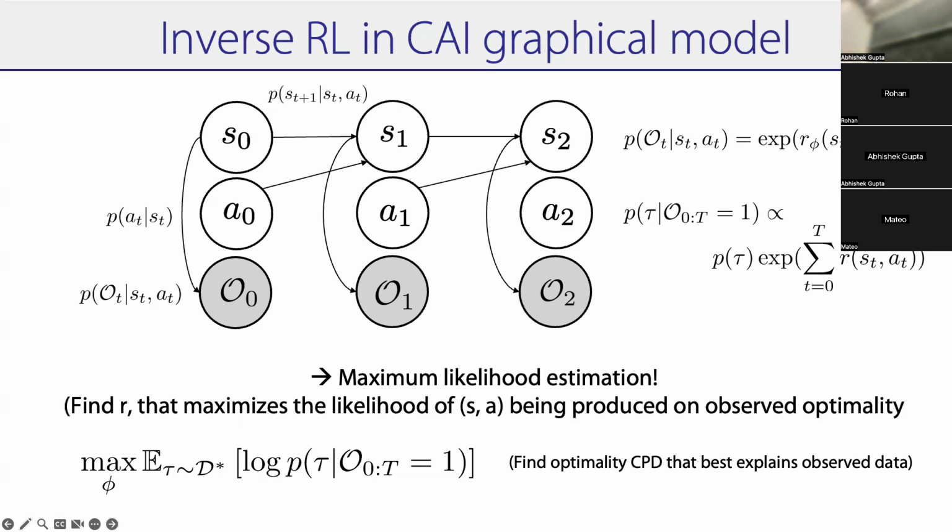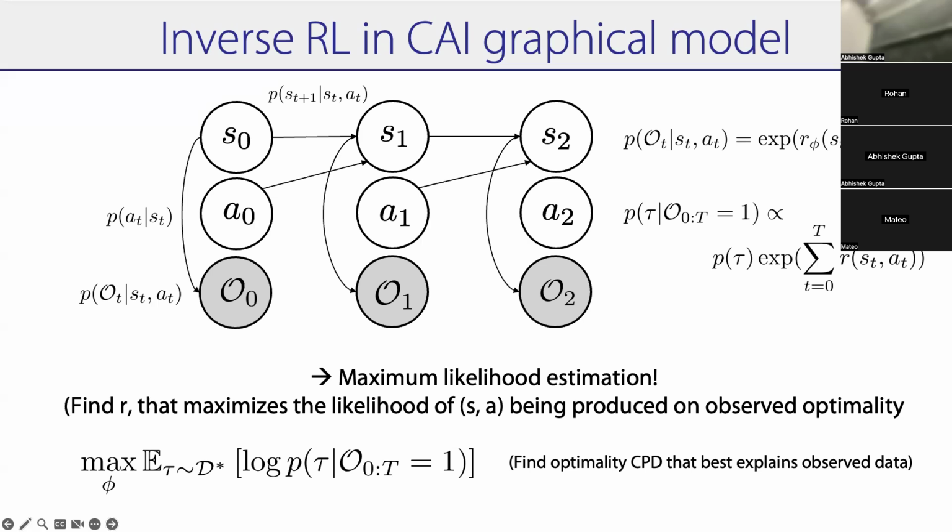Okay, so what we're going to try and do is solve this problem. Assuming that the reward is parameterized by some parameters phi, we're going to try and find the parameters phi that maximize the likelihood of the trajectories that were sampled from the expert, or the noisy expert, conditioned on the fact that we were optimal. This is giving you the likelihood of the trajectory being produced under some reward function phi, conditioned on the fact that you were optimal. You're trying to find the reward function that best explains this, that maximizes the likelihood.